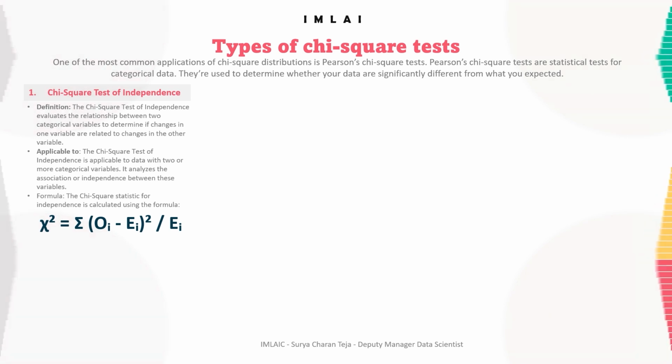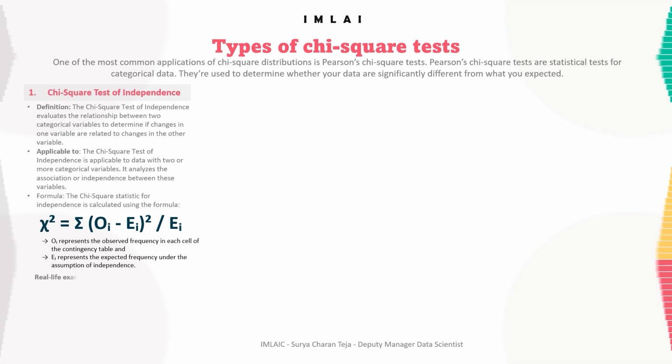Here O sub i represents the observed frequency in each cell of the contingency table, and E sub i represents the expected frequency under the assumption of independence. Okay, then let's see some real life examples.